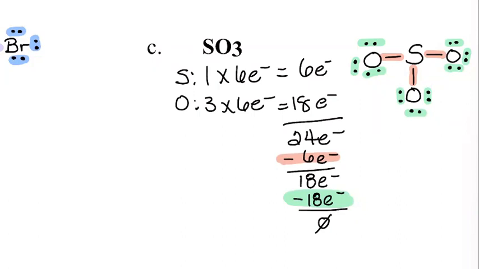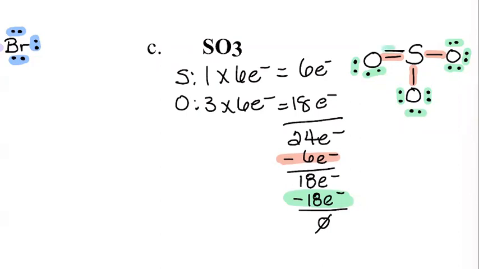Excellent in the chat. Now, which oxygen is going to share in with the sulfur? That's up to you. It could be the one on the left, it could be the one on the right, it could be the one on the bottom. It really doesn't matter, because ideally, understand that you can draw 3 different structures for this sulfur trioxide. One in which, as you can see, I'm just going to erase these 2, and then I'm going to put them here and share them in with the sulfur, okay?